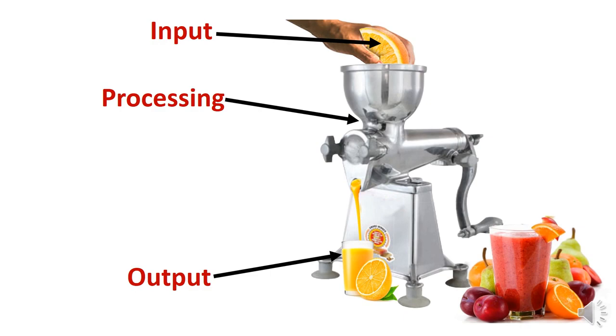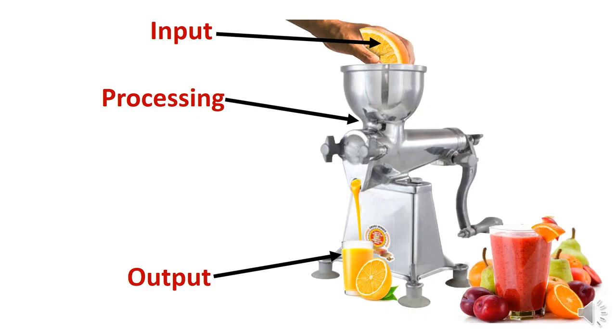What input am I going to provide to the juicer machine? An orange. Let us say we want to take out orange juice. When we put the orange into the juicer machine and run it, it processes the orange, and from another end it comes out as orange juice.